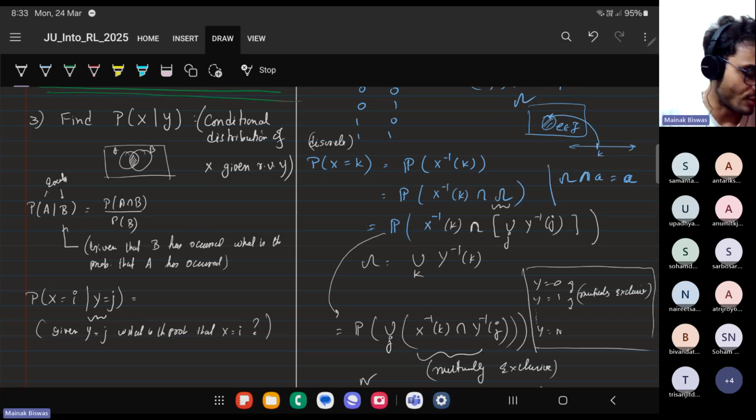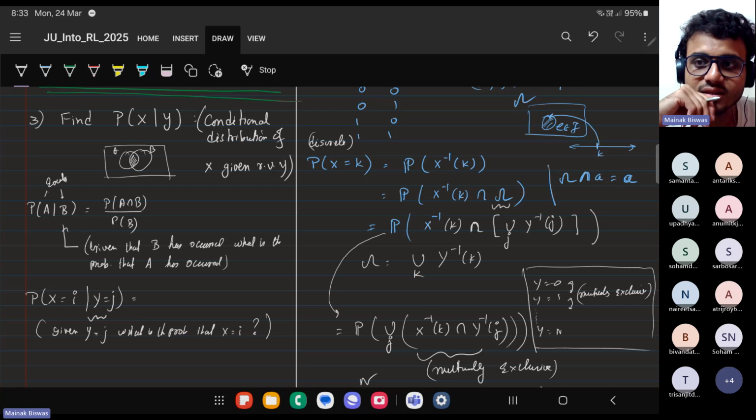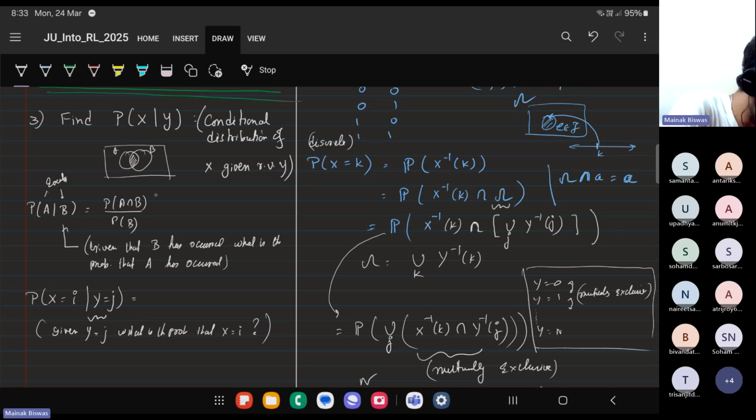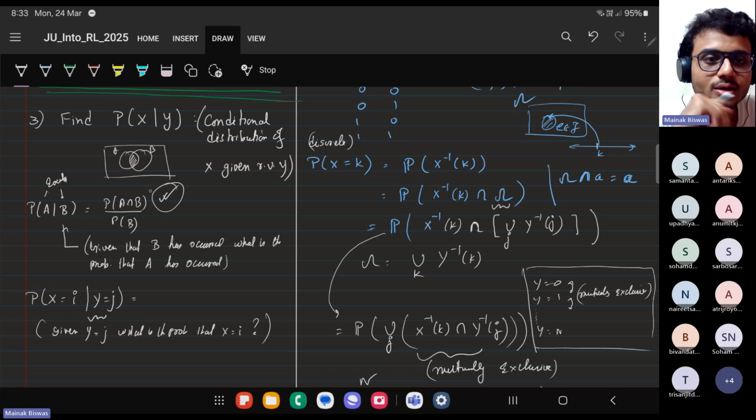So now in terms of events, how can I write this? Because we will have to use this definition first in terms of events to get to the definition of a conditional distribution in terms of random variables, because we have till now used it only for events, not for random variables.